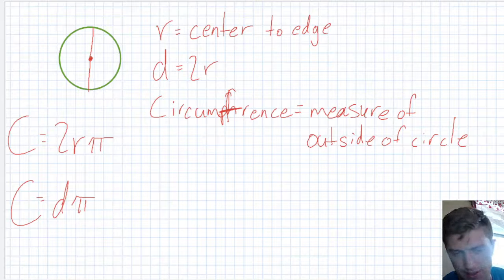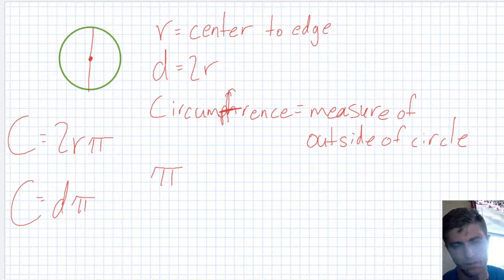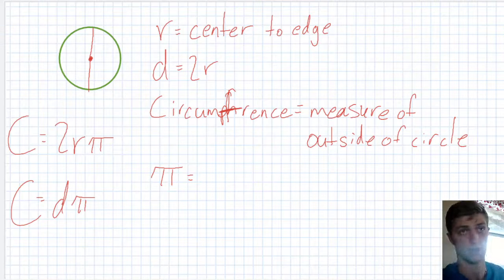Now pi is a number, and it's a special number, and we derive it by saying that's what we have to multiply the diameter by to get the circumference. So pi is an irrational number, and I think I explained that in our other videos. I might not have. Oh yeah, irrational means you can't turn it into a fraction even if you wanted to.